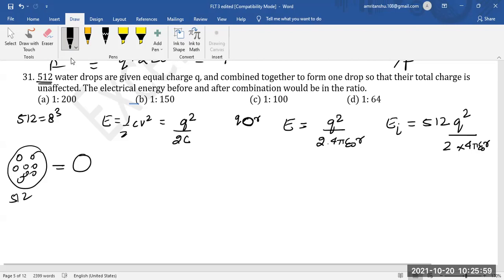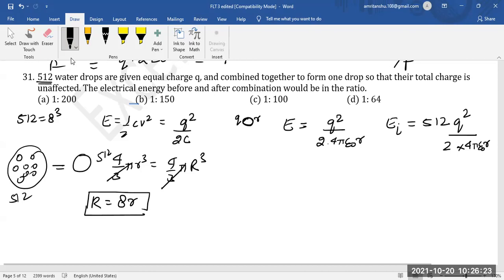When we do volume conservation, we find 4 by 3 pi R cube is equal to 512 times 4 by 3 pi r cube. Once 4 by 3 pi goes, we are left with R equal to 8 times small r.